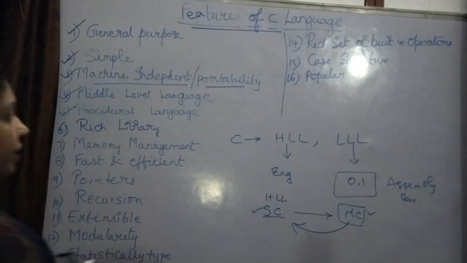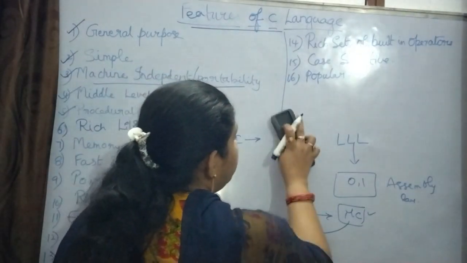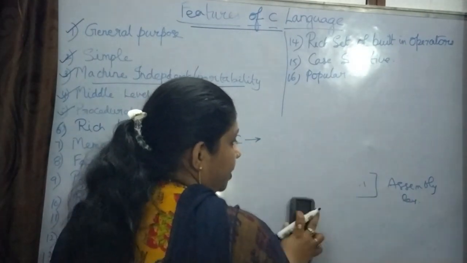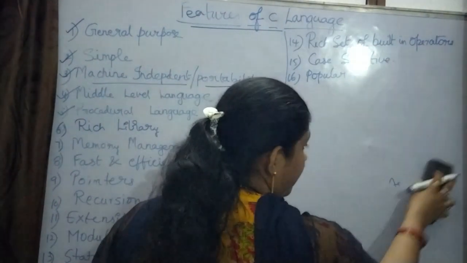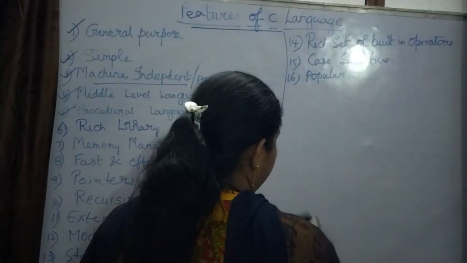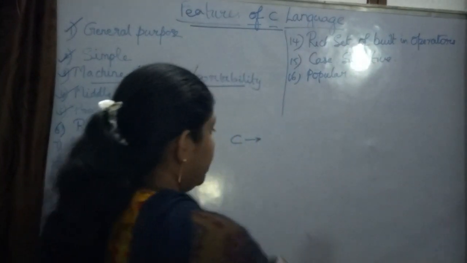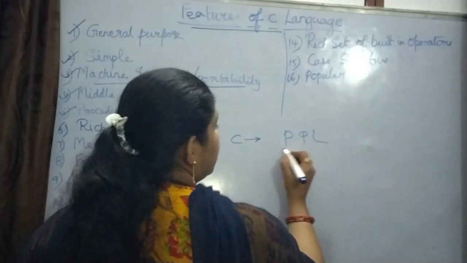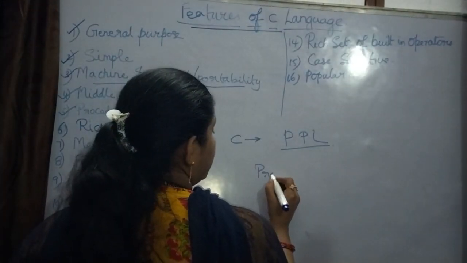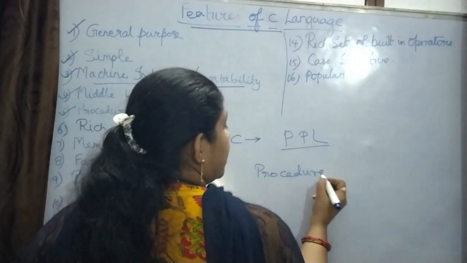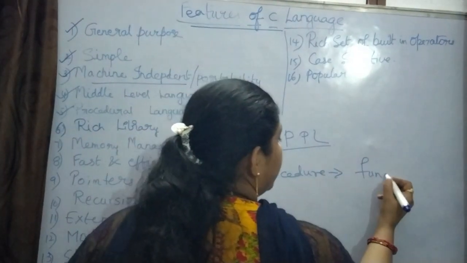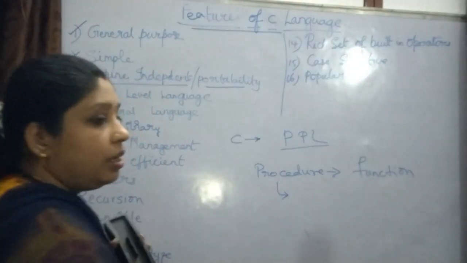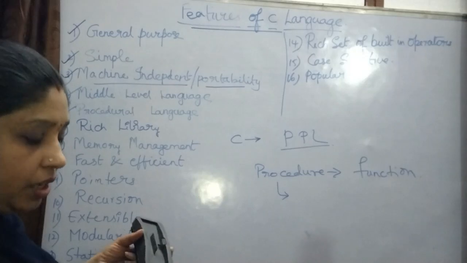Next, procedural language. Why do we call it a procedural language? Actually, what is a procedure? In one of the introduction classes, I explained procedural programming language. A procedure is nothing but a function, where we write some code.